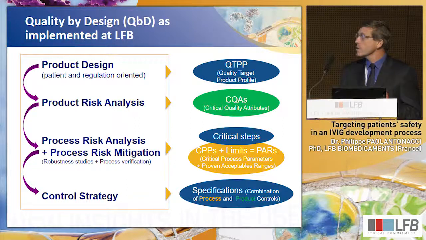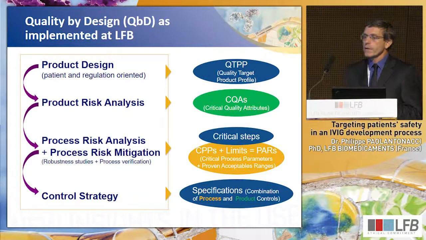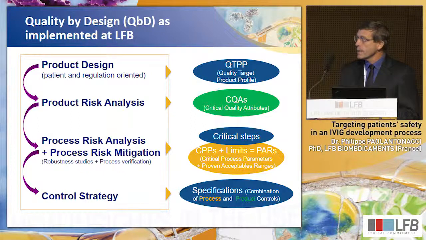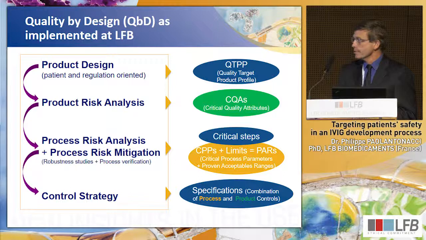That means for each of these attributes, we have one or more analytical methods to identify and quantify the product characteristic. The next steps are related to process risk analysis and process risk mitigation. The first was to identify the critical steps of the process, and the second one, to mitigate the risk by identifying, through robustness studies and process verification, the critical process parameters and their limits.